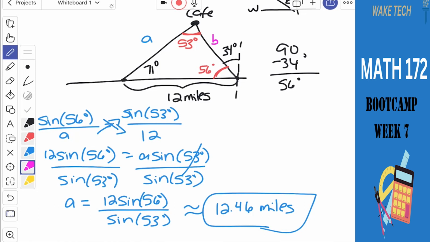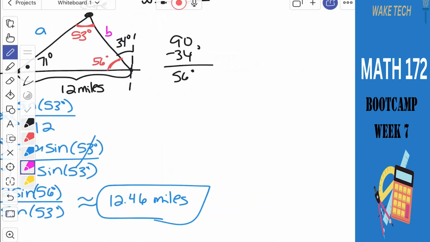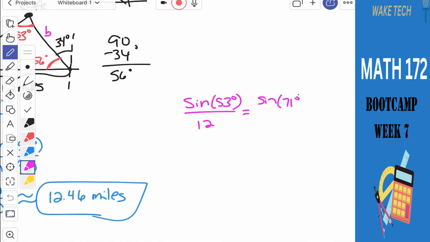So the law of sines for side B is really similar to the law of sines for side A. What we'll do is create our proportion: sine 53 degrees over 12. Since we're after B now, we'll need to use the sine of 71 degrees over B. But solving it's literally always the same. 12 sine 71 equals B sine 53.